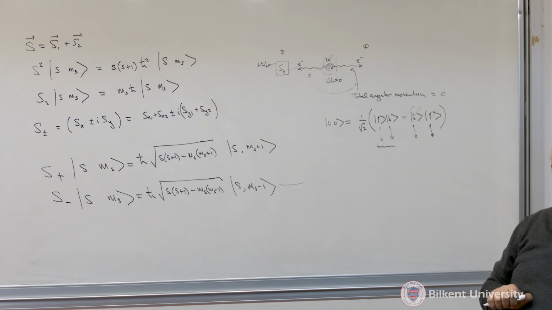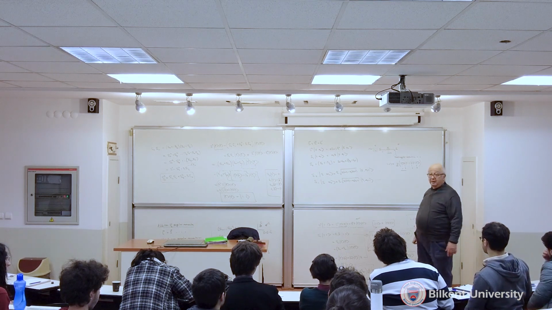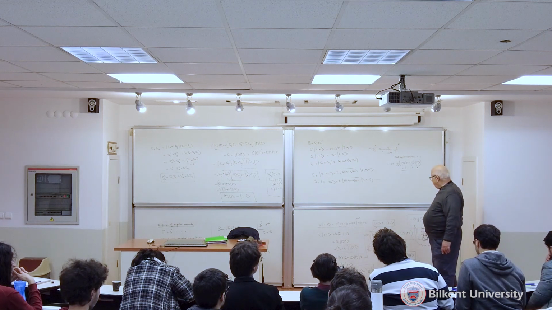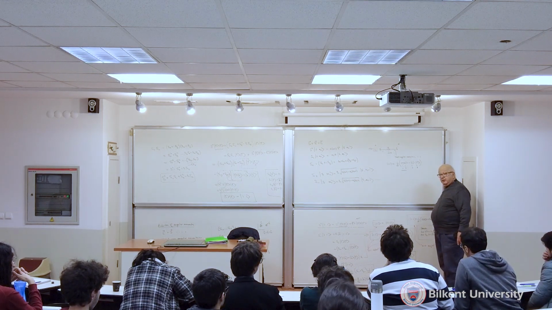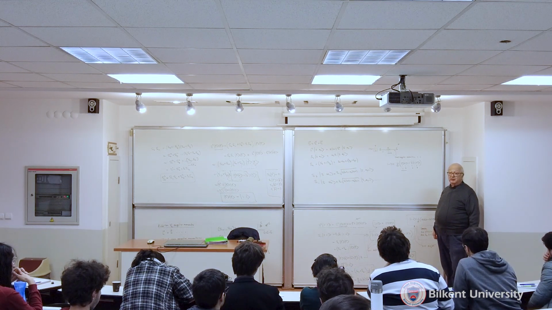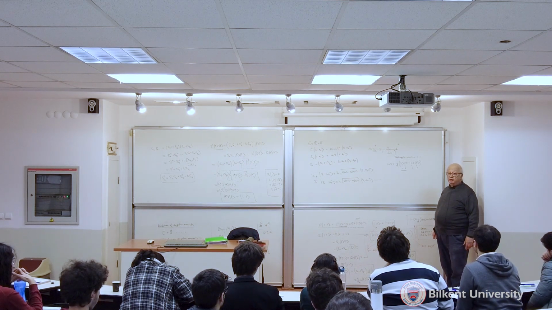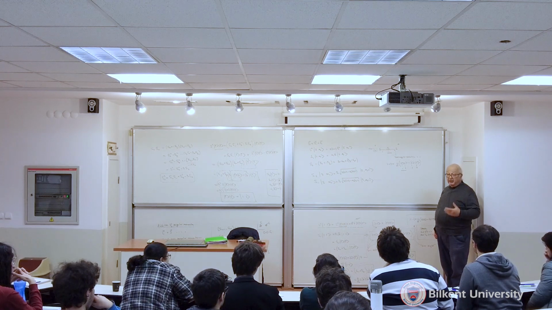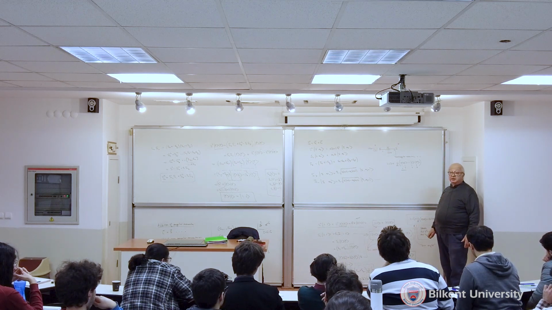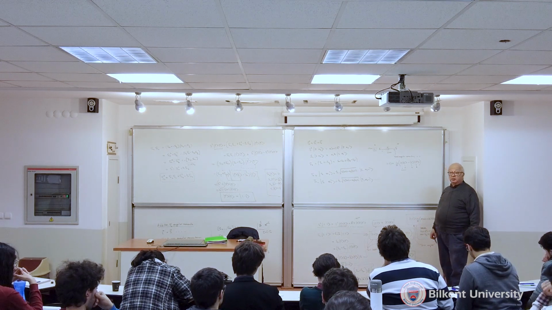The simplest way is to take my definition as a challenge, operate on it with s squared and sz, and verify that it is indeed the 0, 0 state. So I have not derived it, but I just told you the answer. The way you usually do this is by looking at the orthogonality among these functions. You are looking for something which is orthogonal to all 3 of these things.